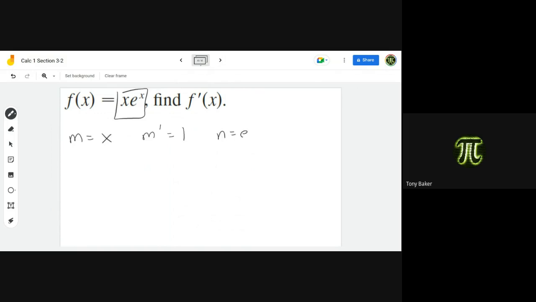If n is e to the x, what's n prime? That's e to the x. Because remember, we talked about that the other day. So the derivative of e to the x is e to the x.